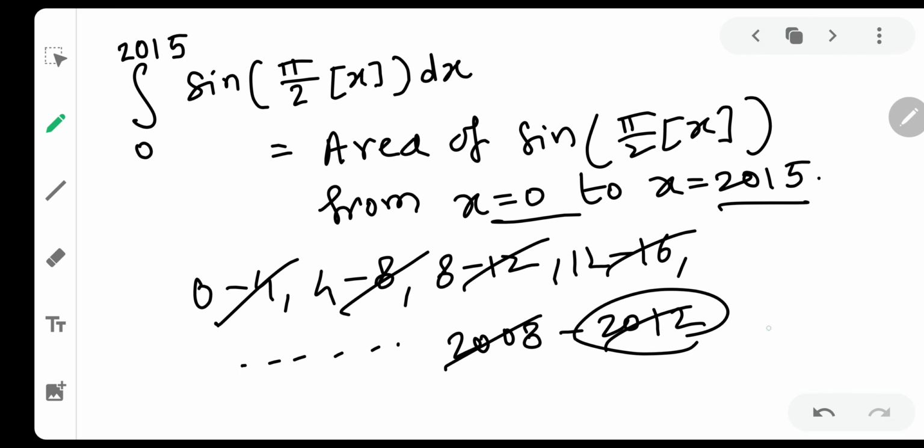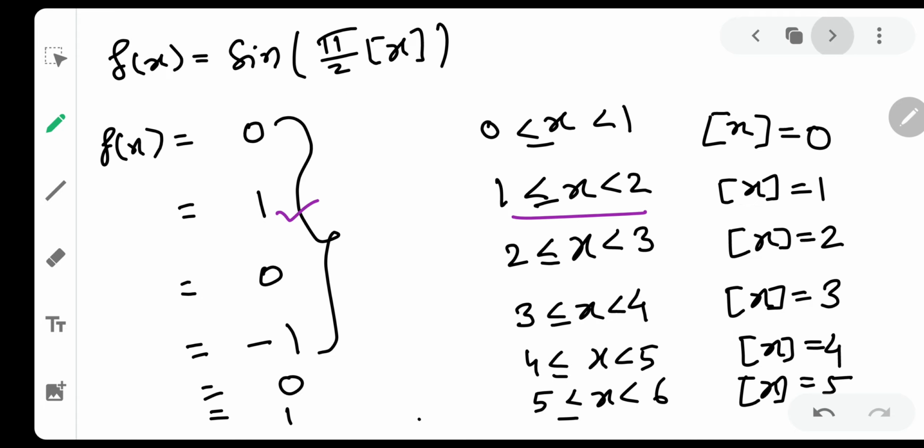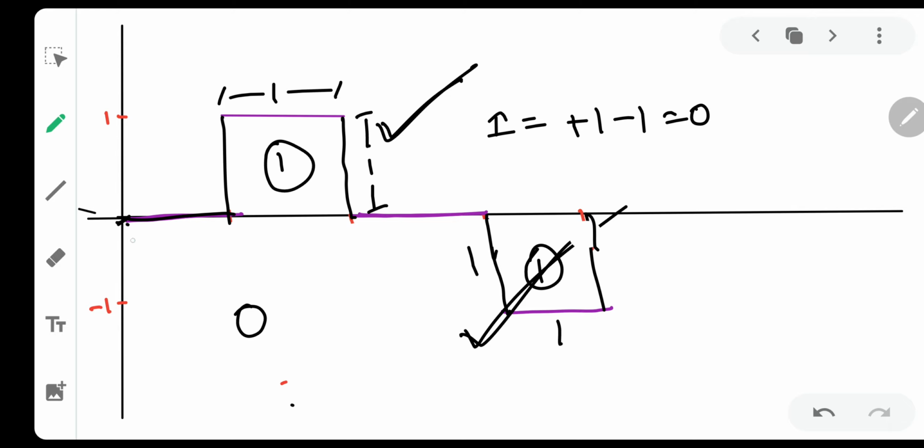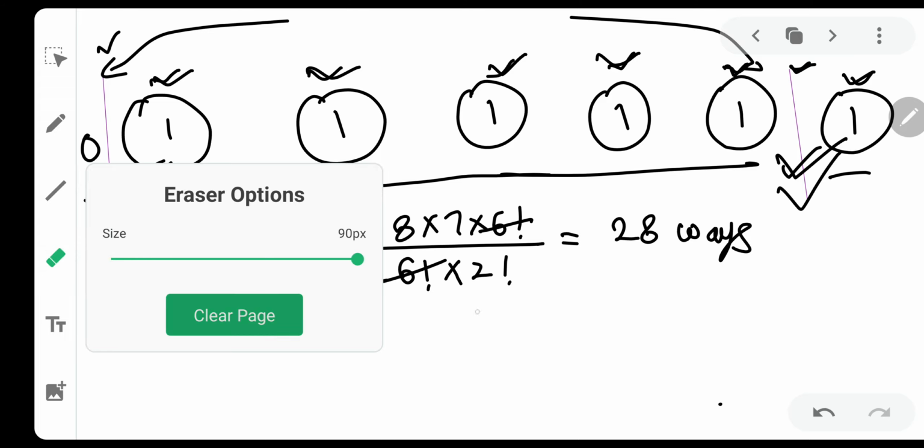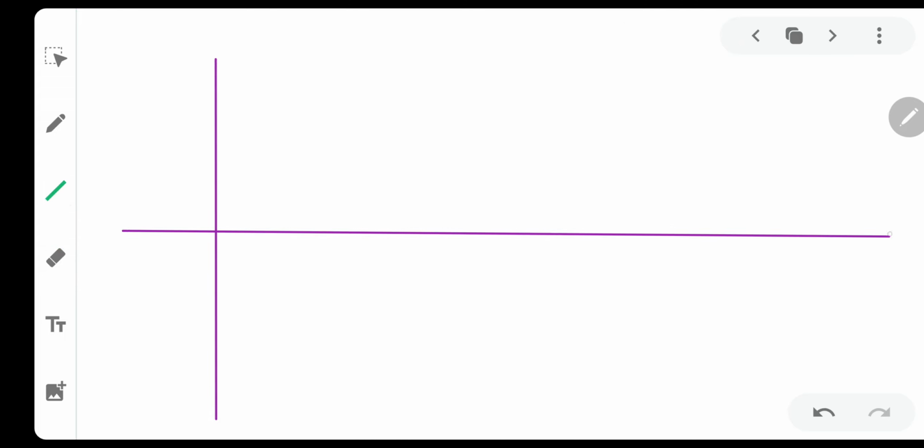After 2012, the cycle is going to repeat from 2012 to 2016. So let me say that in this particular graph, we start with 2012 and plot this graph like this. Somewhere over here I have 2012, then 2013, then 2014, and then 2015.